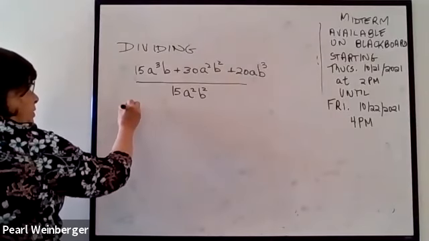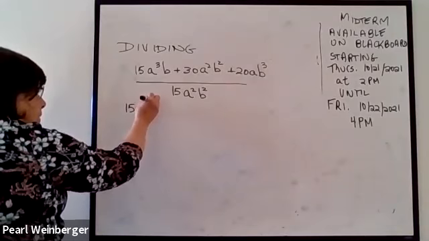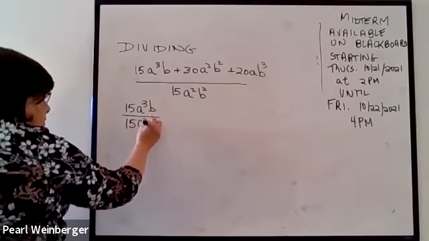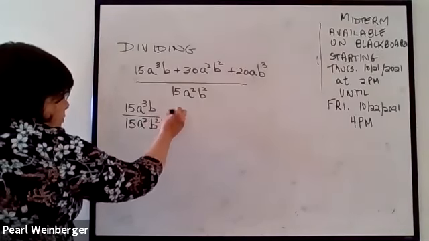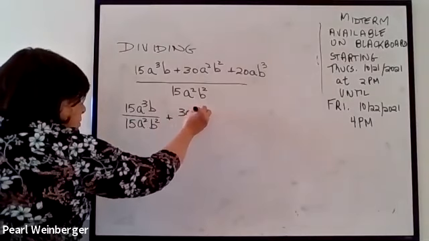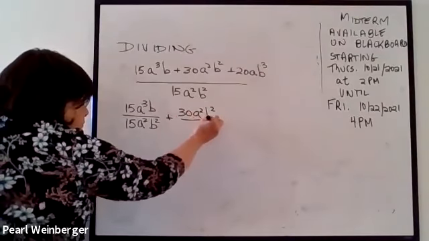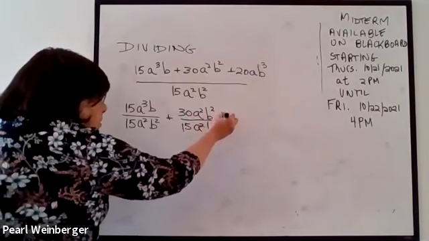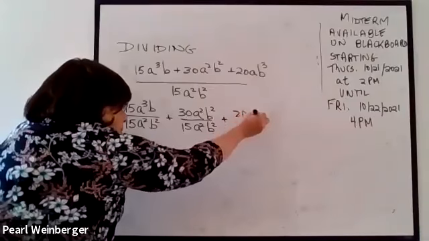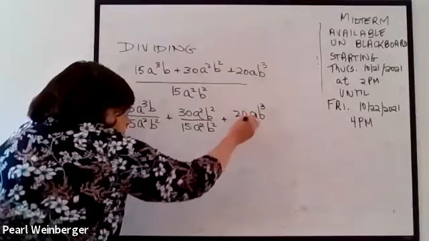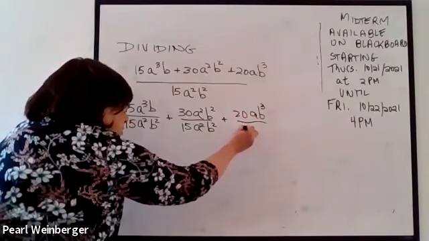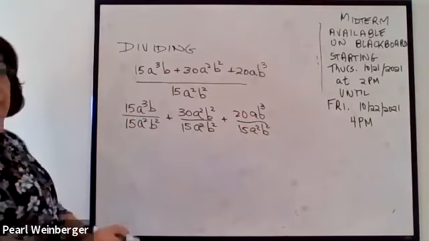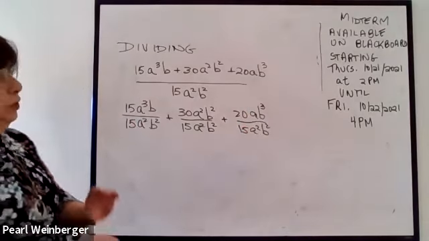So we're going to have our 15a3b over 15 a squared b squared, plus the 30 a squared b squared over the 15 a squared b squared, plus the 20 ab to the third over the 15 a squared b squared. The hardest part is to rewrite it. There's just so much writing.